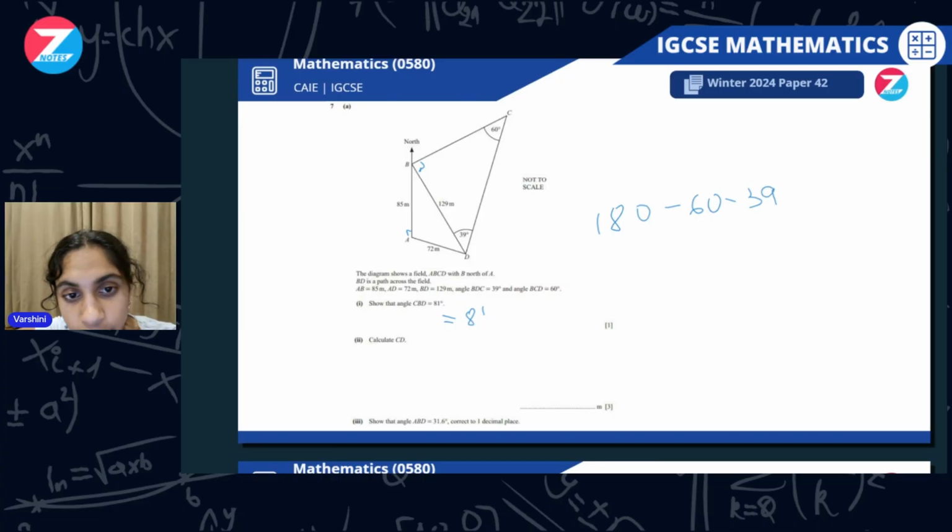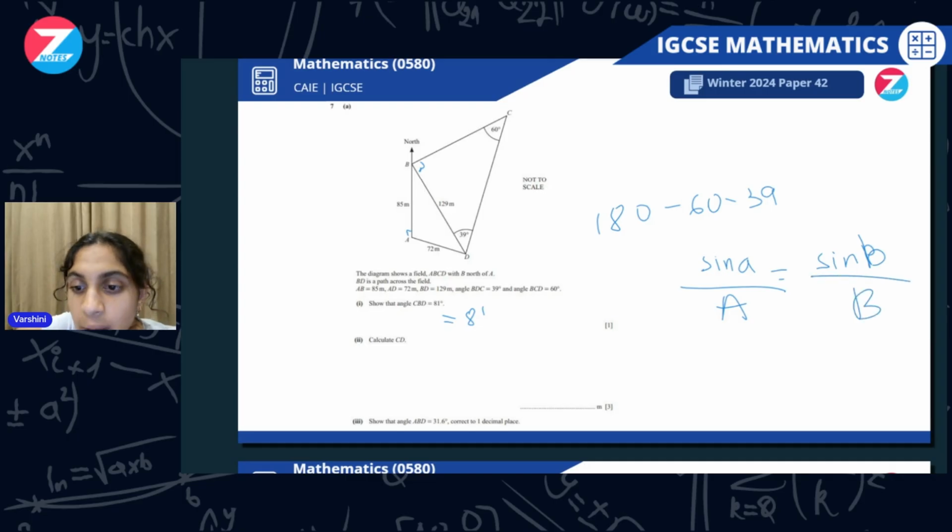Okay, so for this, we have to use the sine rule. So we know that sine A by A equals sine B by B, where A is the angle opposite of this length and B is the angle opposite of this length. So that means that, and they want us to calculate CD. So we need CD in the equation.